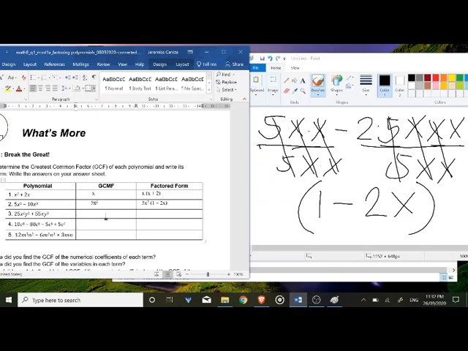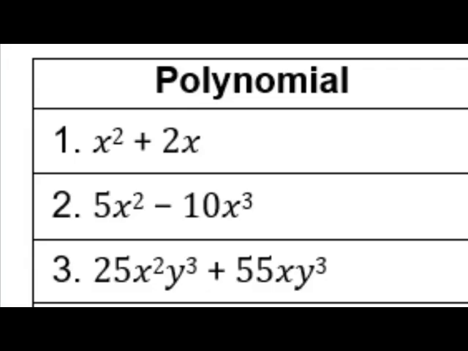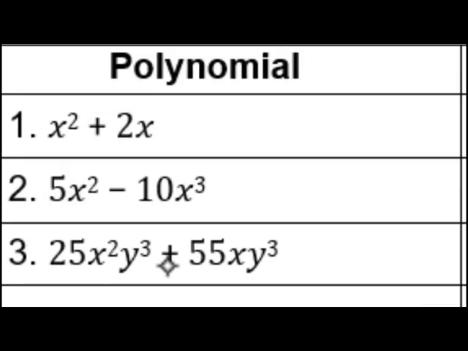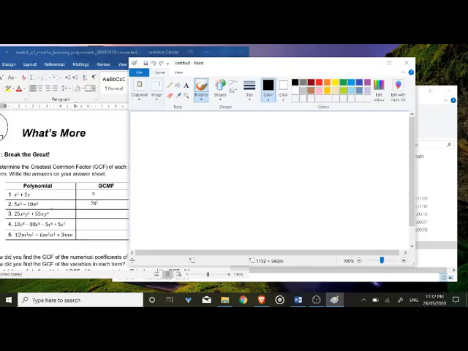Okay, number 3. The given is 25x squared y cubed plus 55x y cubed. First term, 25, that could be 5 times 5.